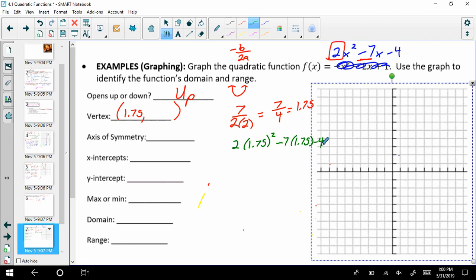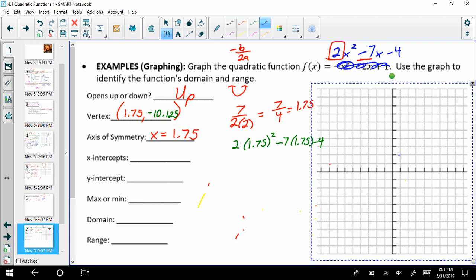So if we do that in our calculator, the value that should come out is negative 10.125, or you can write it as a fraction. Okay, a little bit funky numbers, but it's the same process. The axis of symmetry is still going to be that imaginary vertical line that goes right through the x-coordinate of the vertex.